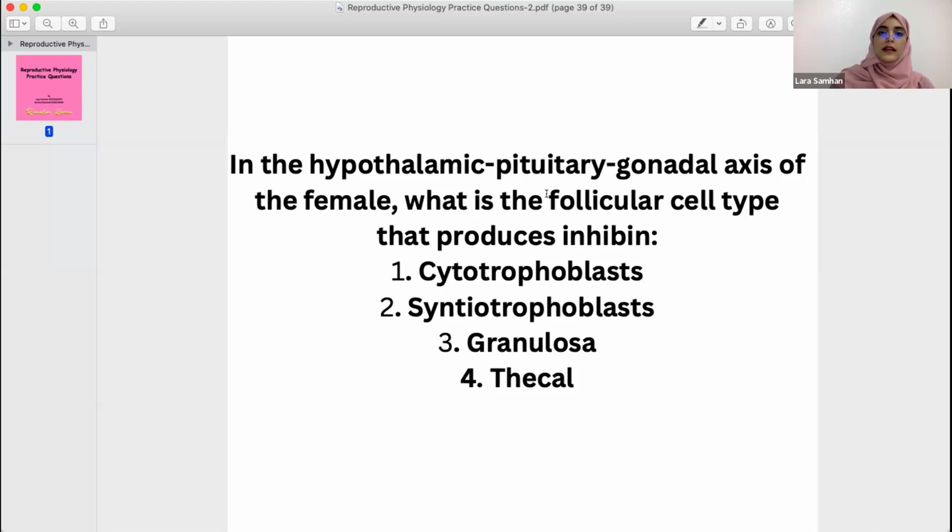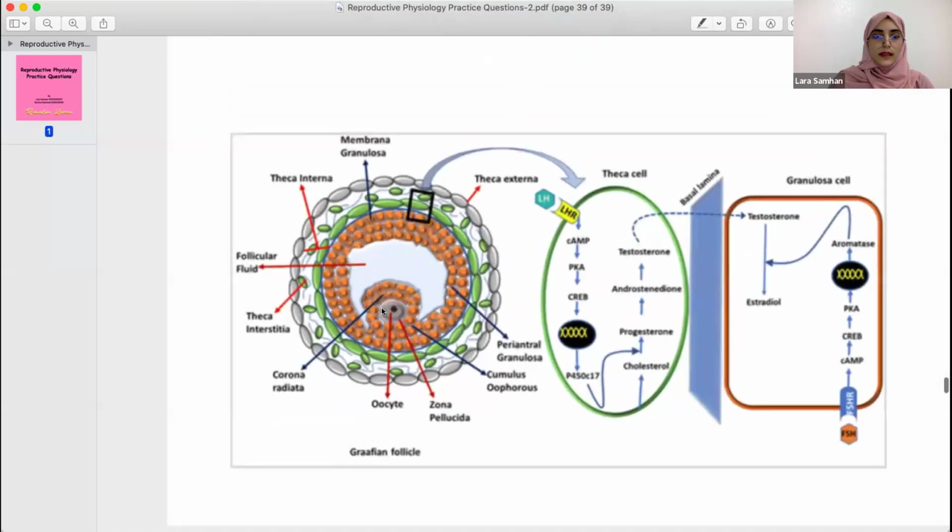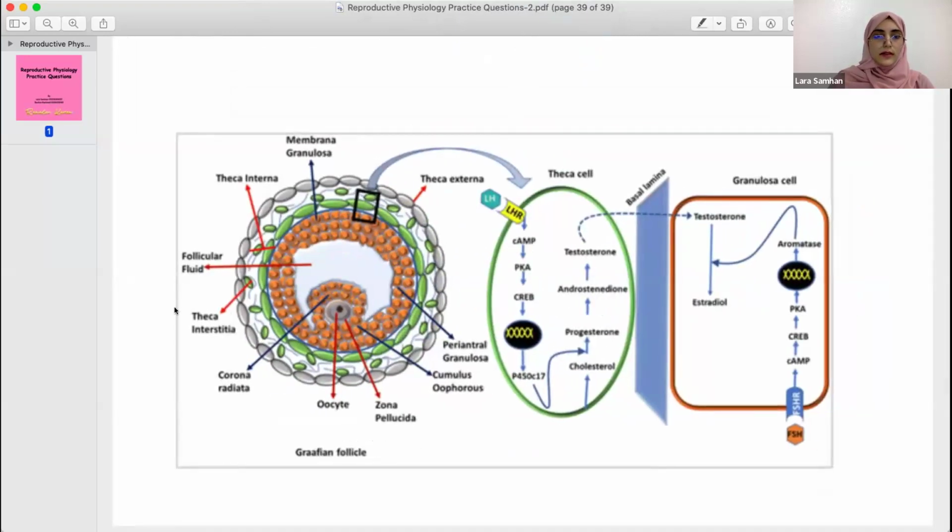The follicular cell type that does this is the granulosa cell, and I got you a picture. As you can see in this image, this is the oocyte. Around the oocyte we have the zona pellucida layer, and here we have the granulosa layer. This whole thing is the granulosa layer.